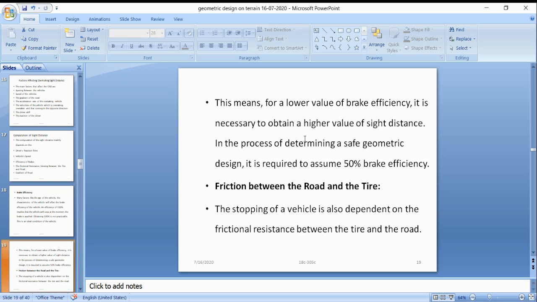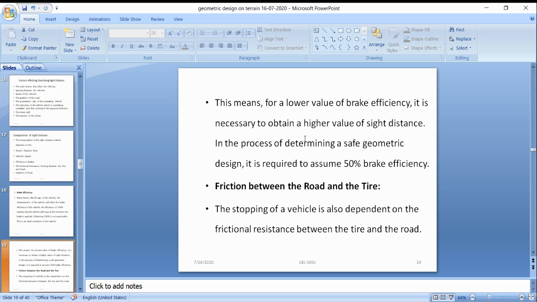In the process of determining a safe geometric design, it is required to assume 50% brake efficiency. So for braking, we have to consider not 100%, we have to take 50% only.